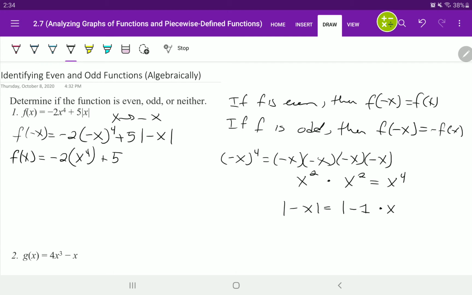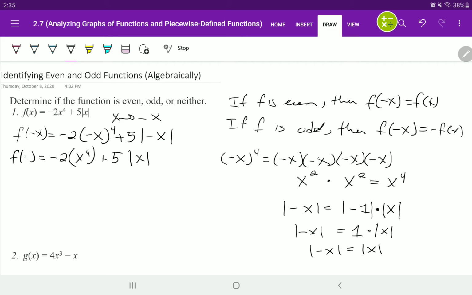That's why it must stay inside the absolute value brackets. But when it comes to negative 1, any negative value inside the absolute value comes out as positive. That's why the absolute value of negative 1 is positive 1. The absolute value of x remains where it is. Therefore, the absolute value of negative x is equal to the absolute value of x. So that's 5 times the absolute value of x.